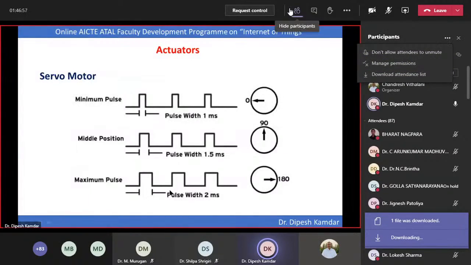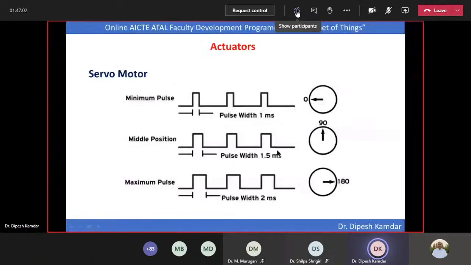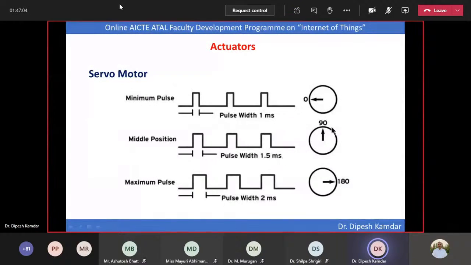With the maximum pulse width of 2 milliseconds, it rotates to 180 degrees. If you give a pulse width of 1.5 milliseconds, it will rotate 90 degrees. So we can decide at which angle we want it to rotate, and according to that, we use the pulse width differently. You can control this pulse width by switching the output pins of your controlling device on and off, and we can control the angle of the servo motor.